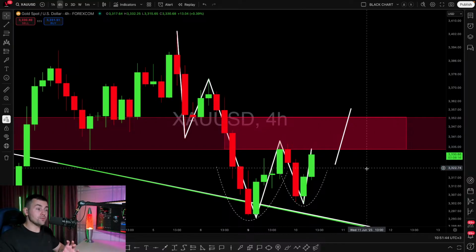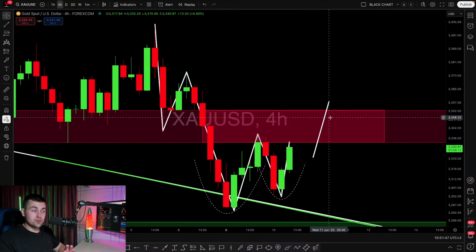So what we are looking for is the violation of that red resistance, and after that we can buy. And here your rules come into play. After the breakout, there are always two options.